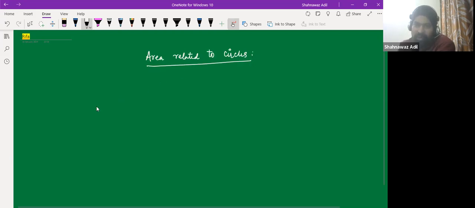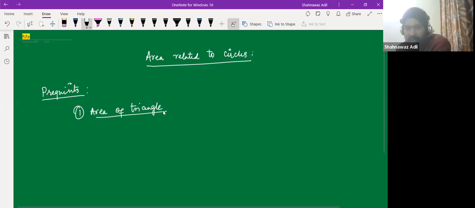So before we do this, what are the prerequisites that we have to remember? One is area of triangle, and we have just studied this, right? Gone through it just a moment ago. What are the ways that we can calculate the area?